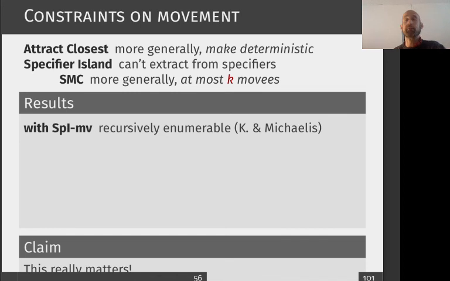Okay. And I said that the SMC was formally awesome. What did I mean by that? Well, we can actually look at the kinds of patterns you can derive with various constraints on movement. Okay. So we know that if we have the specifier island condition that's active on specifiers created by movement, then you can do everything.